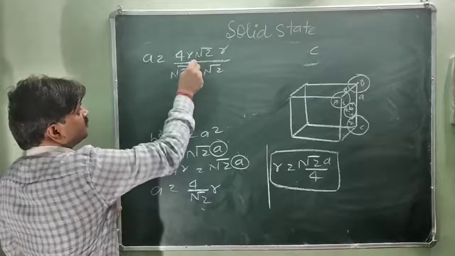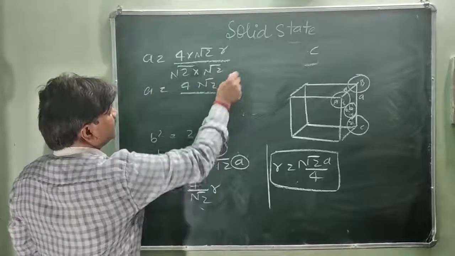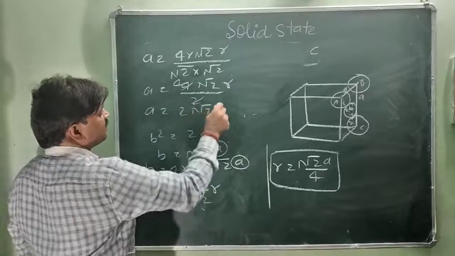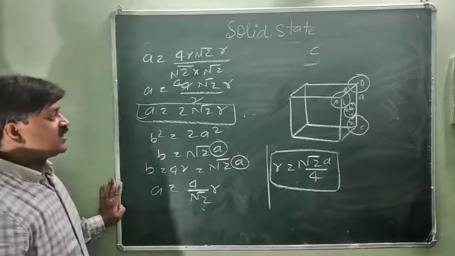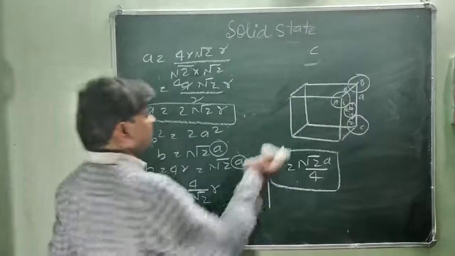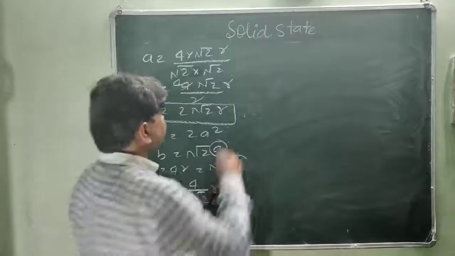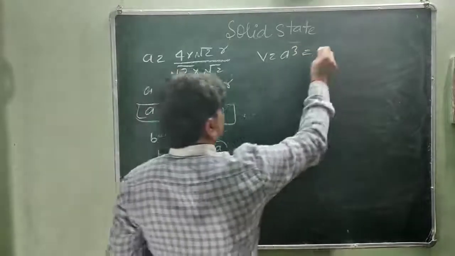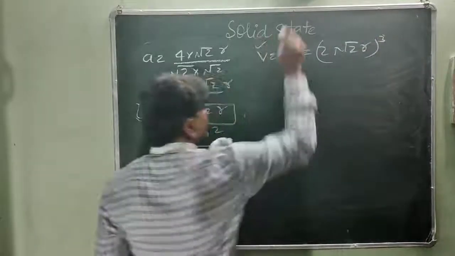So A is equal to 4 root 2 R upon 4. The value of A is equal to 2 root 2 R. This is the edge length value. With the help of this, you can calculate the volume of the unit cell. Total volume V is equal to A cube, which is 2 root 2 R cube.